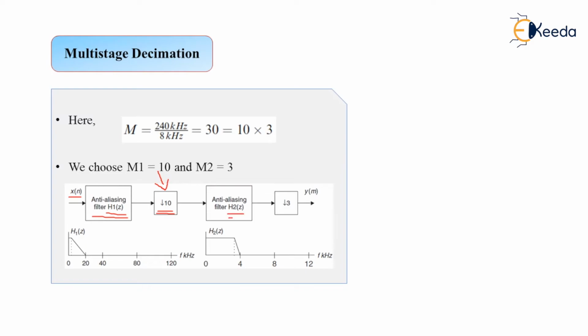Then after this much decimation by stage 1, we have the stage 2 anti-aliasing filter denoted by h2 of z, and after it there is another decimation factor, m2, the value is 3 here. So after stage 2 we get y of m here. So this is what stage 1 is, the filter with the decimation factor m1, and then another anti-aliasing filter and the decimation factor m2 here.